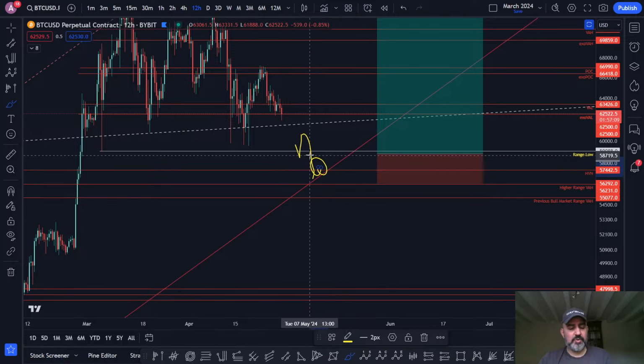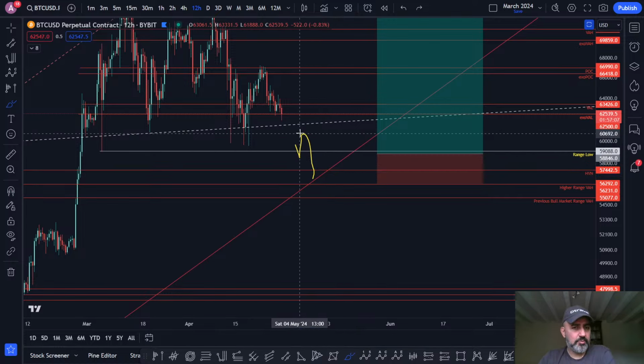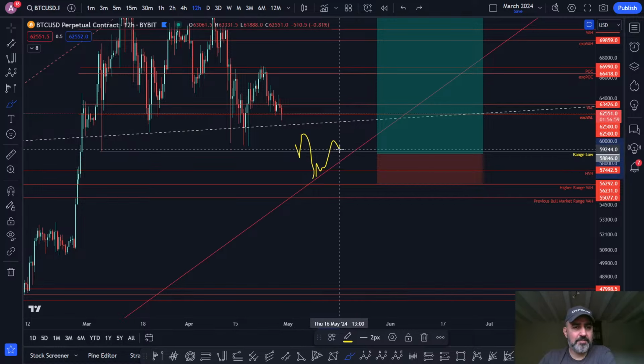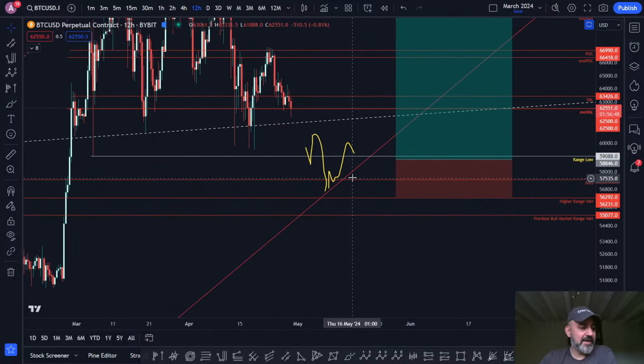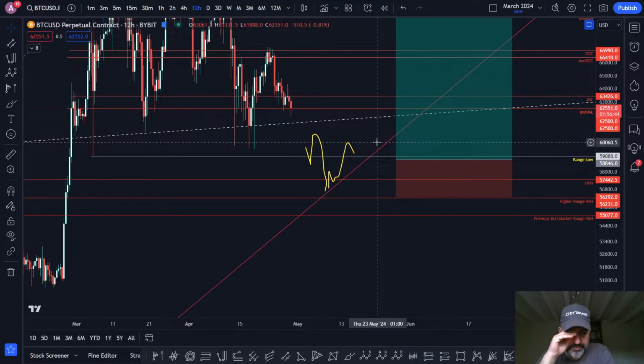And if you do get a swing failure with a weak reaction to head lower, then the confirmation of this idea would be to find support and get right back above the loss level, which is the range low. Okay, and that gives you the confirmation that this failed auction into the lows was correct.